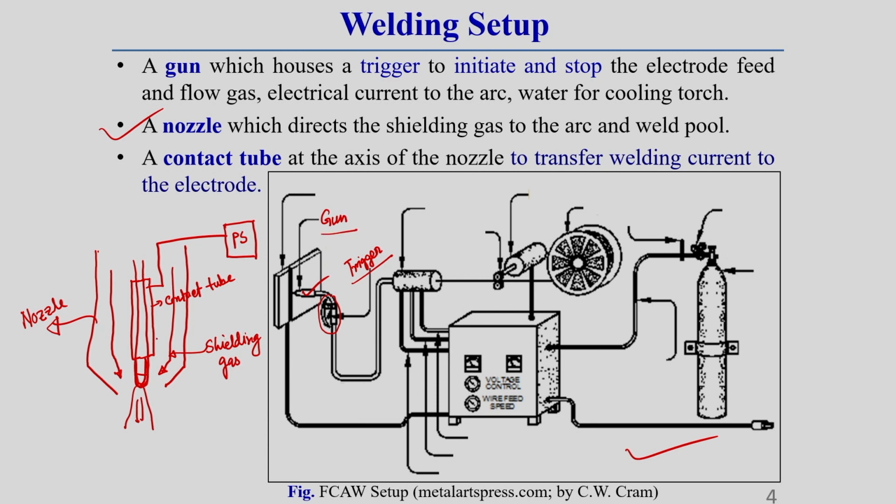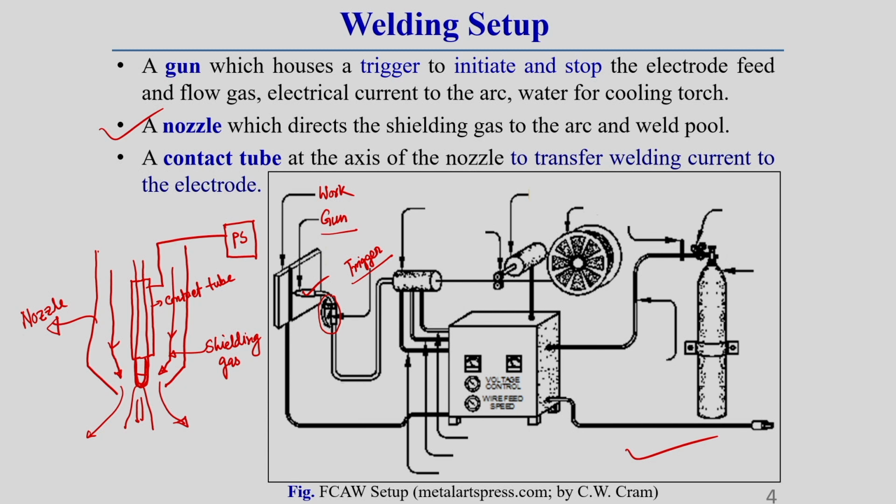So, this gun looks like this. Outside there is a nozzle, inside there is a contact tube, and the nozzle supplies the shielding gas, which is sometimes used and sometimes not required. This is the workpiece which I am showing here. Apart from this, there are different types of cables and hoses.